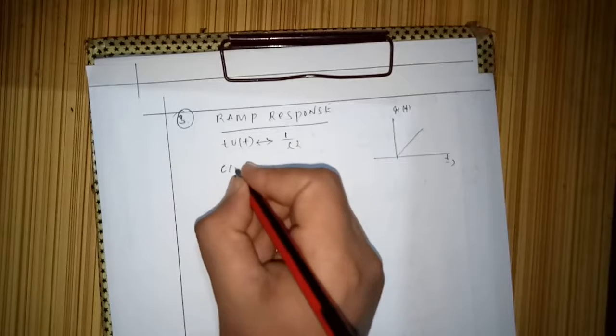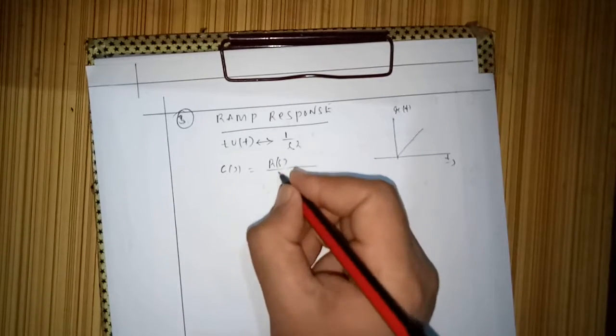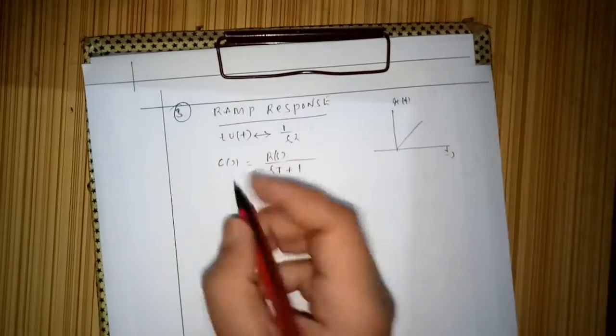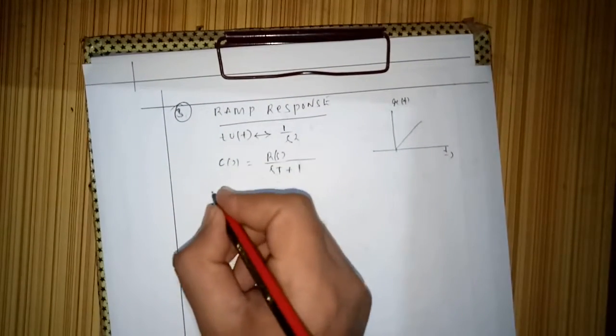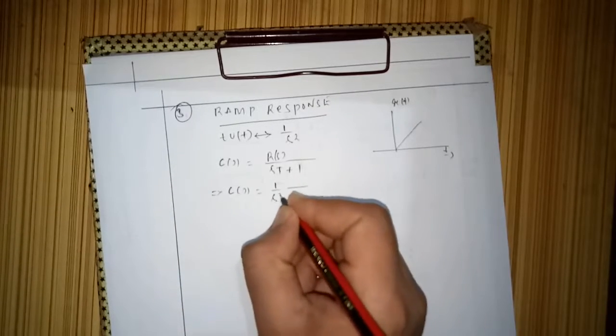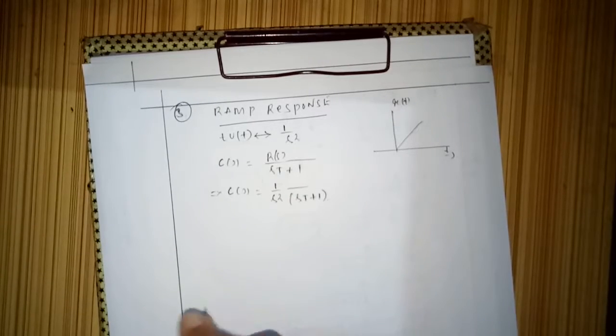We know C(s) is equal to R(s) by sT plus 1, right? So I can write 1 by s square into sT plus 1.